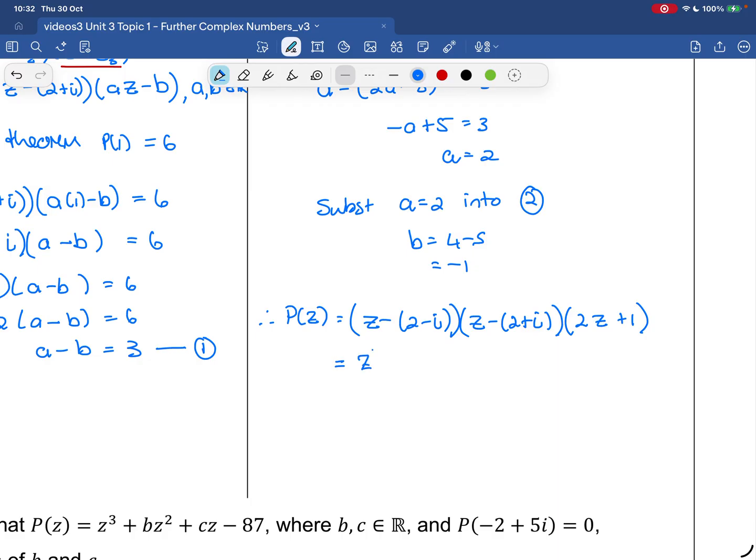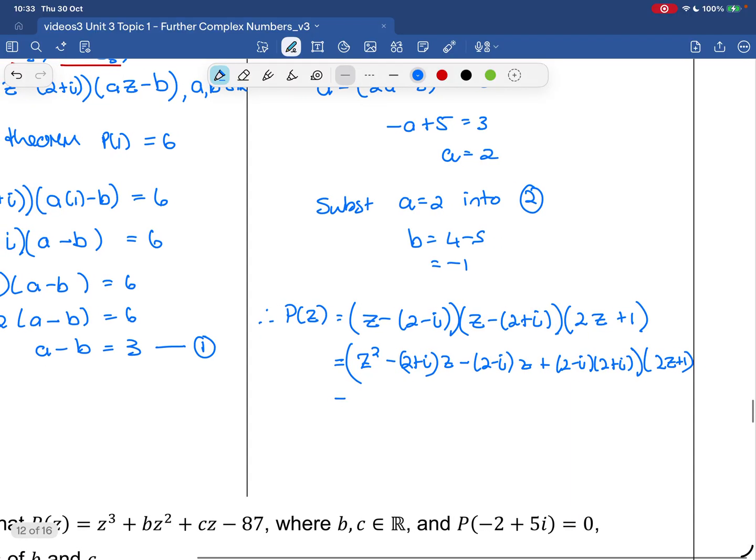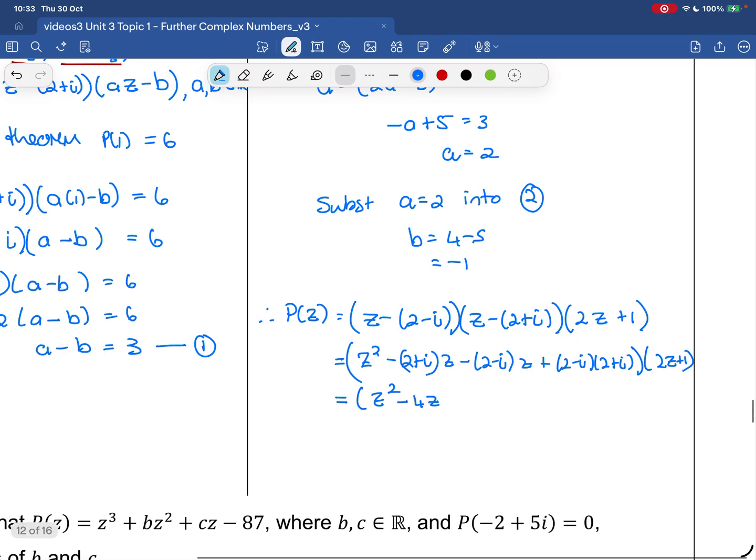So that becomes z squared minus 2 plus I z and minus 2 minus I z plus 2 minus I 2 plus I, and I'm multiplying that by 2z plus 1, and I can simplify this: minus 2 minus I minus 2 plus I becomes minus 4z, so I've got z squared minus 4z, and this becomes 4 plus 1 is 5, and that's going to be my P of z.